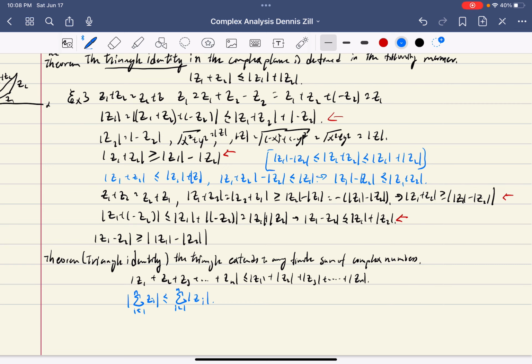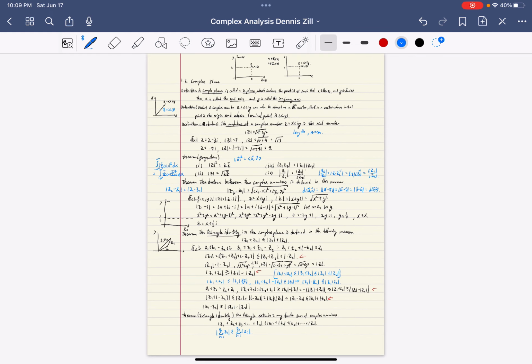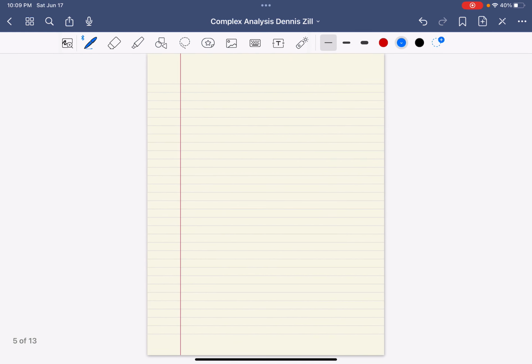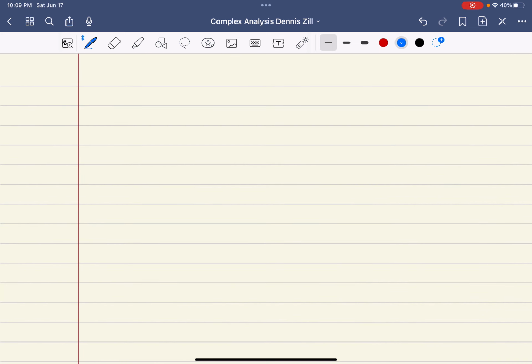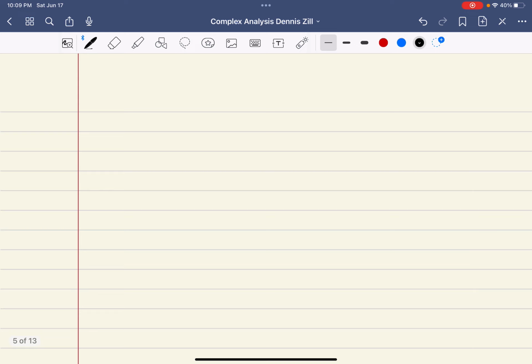There. Really. That is the generalized theorem. And that is example 4. Let's continue. Example 4.